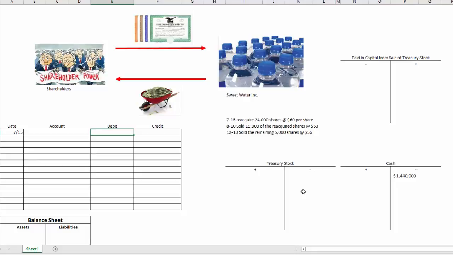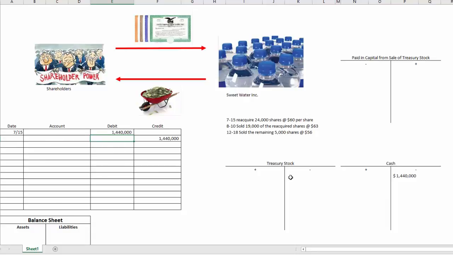So this $1.44 million, I'll just link to it here in Excel. I'm going to get rid of some of these zeros. The debits have to equal the credits. So debits have to equal credits of $1.44 million, sorry for these formatting issues here.